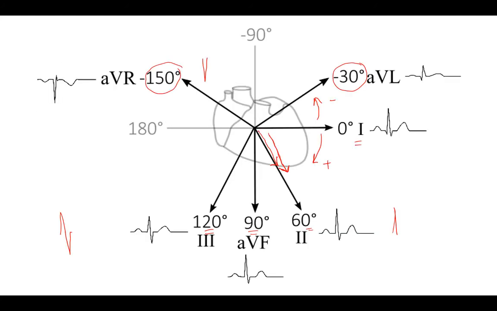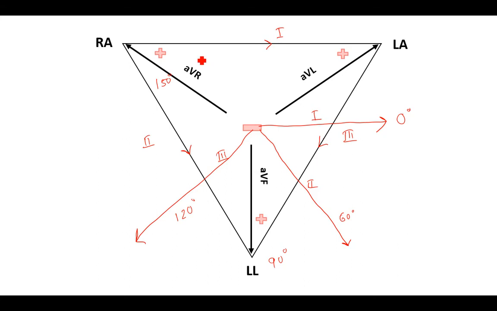Okay, so what is augmentation? We have already discussed augmented leads. These are augmented leads, AVR, AVL and AVF, and by now you know that AVR records the potential difference between RA and LA plus LF by 2.